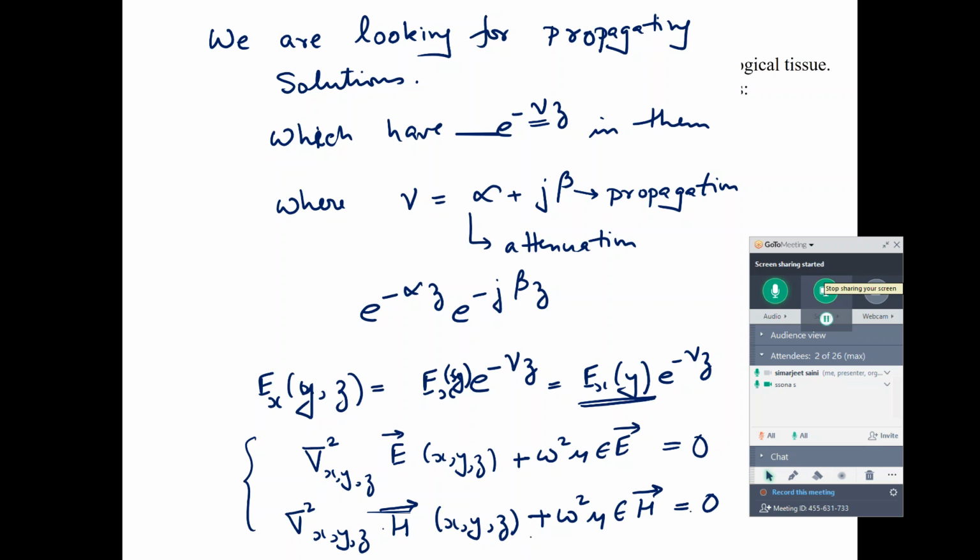These are the two Helmholtz wave equations. We can use either one of those to find a specific solution.